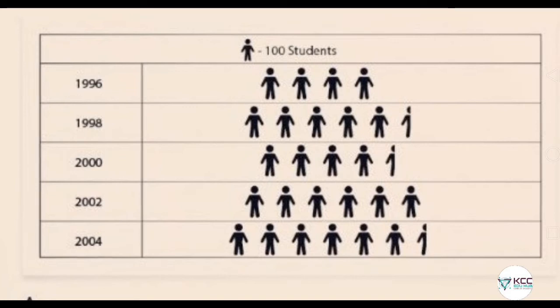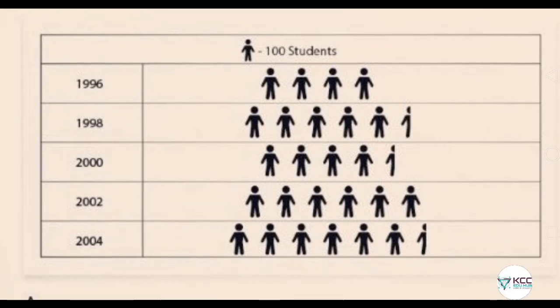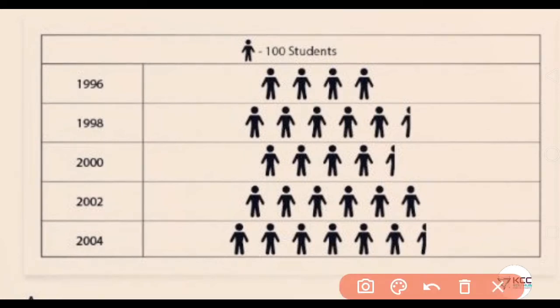So now the question is, how many symbols represent the total number of students in the year 2002? Question A is, how many symbols represent the total number of students in the year 2002? So in 2002, how many symbols are representing? 6 symbols.